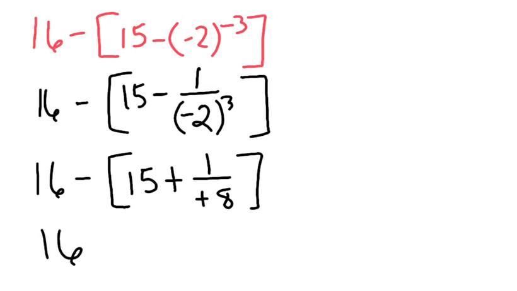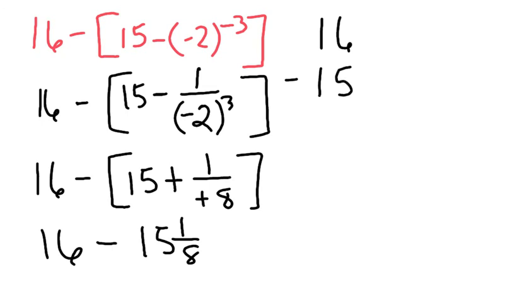So now I have 16 minus, well, what's 15 plus 1/8? I think that's 15 and 1/8. Couldn't I just add those like that? So now all I have to do is go 16 minus 15 and 1/8.